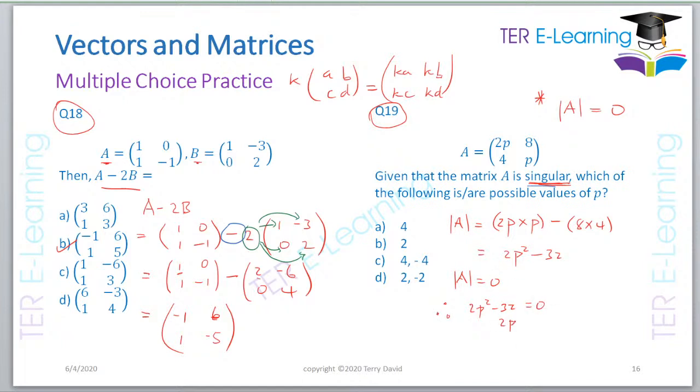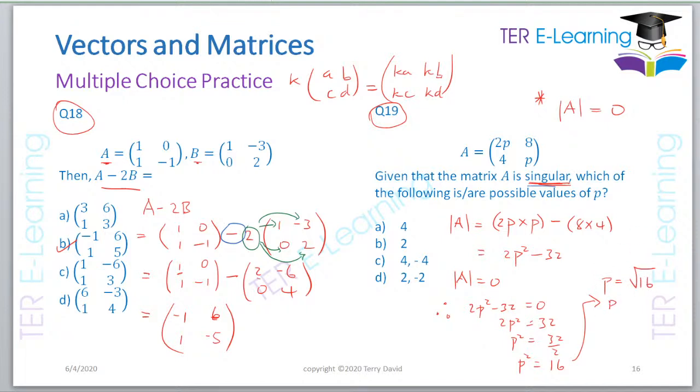So 2P squared is equal to 32. So P squared is equal to 32 over 2. P squared is equal to 32 divided by 2 gives me 16. Alright, I'm just going across any side here. So if P squared is equal to 16, P is equal to the square root of 16.